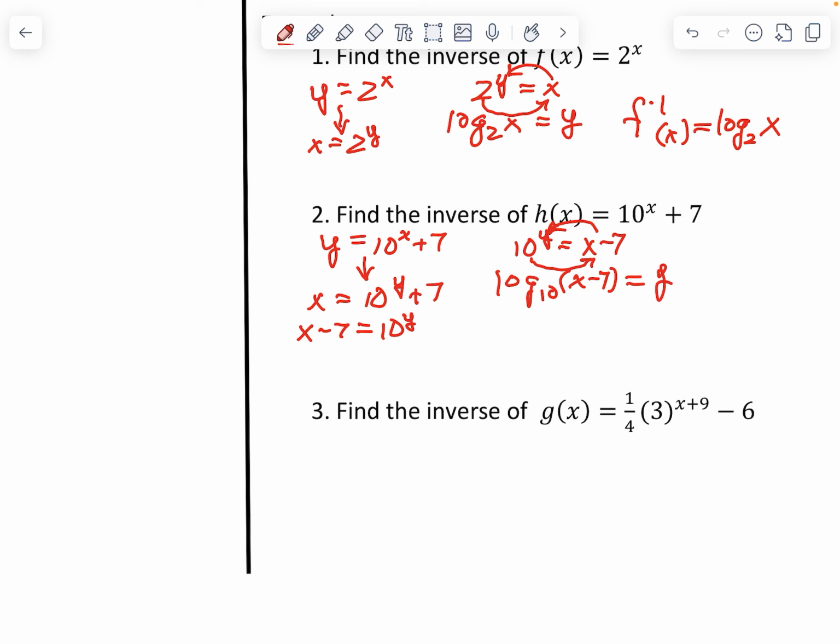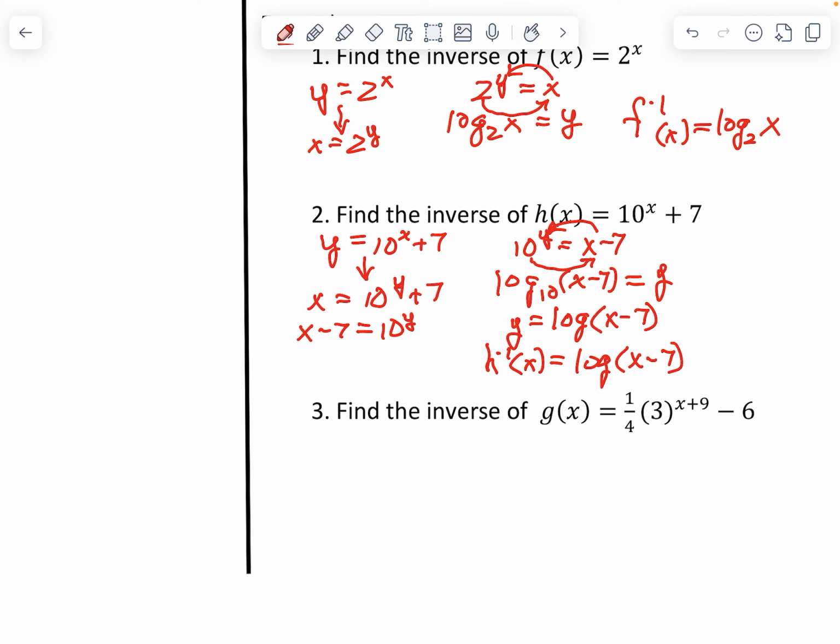Now, the next step is, notice that log base 10 is our common log, so we can rewrite this as y equals just log. We don't need the base 10, just write it as log. So our inverse function for h is log, just common log, of x minus 7.